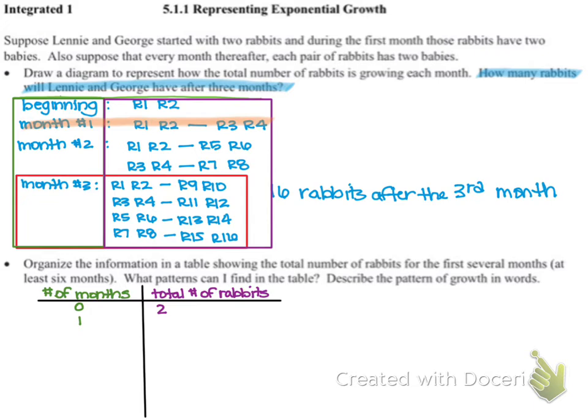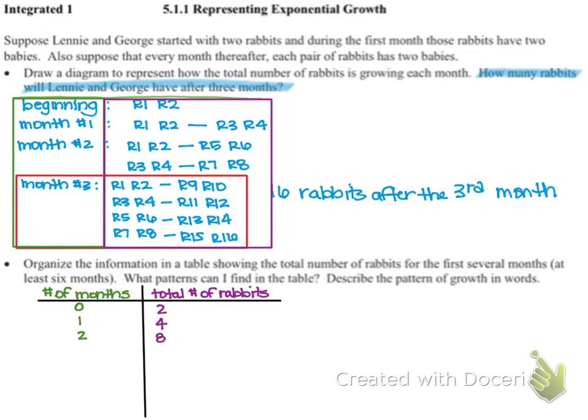So 4 rabbits. Back down here, 4 rabbits. Month 2, back up, highlight that in orange again. Month 2, looks like they had 8 total rabbits. So let's put that in our table.